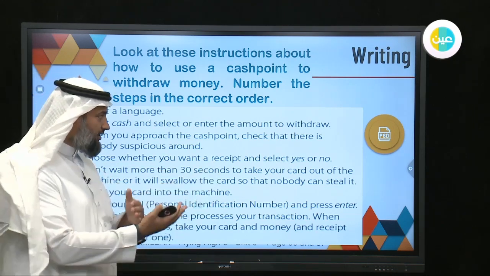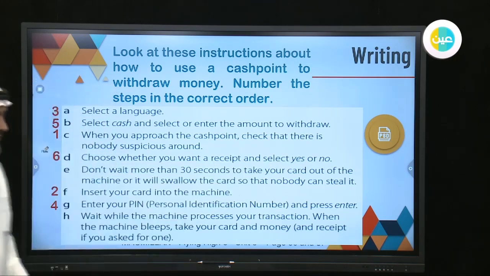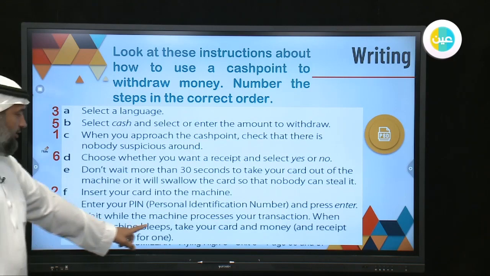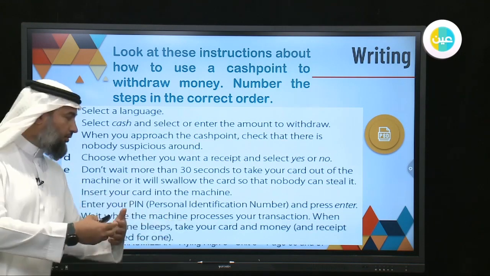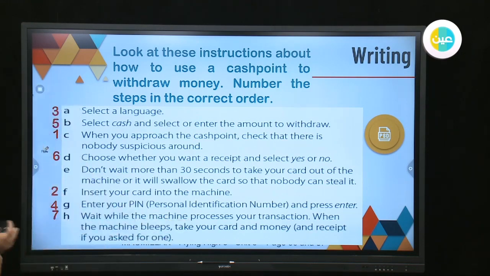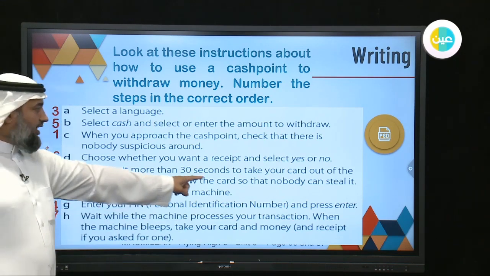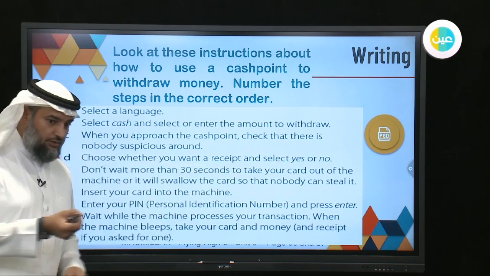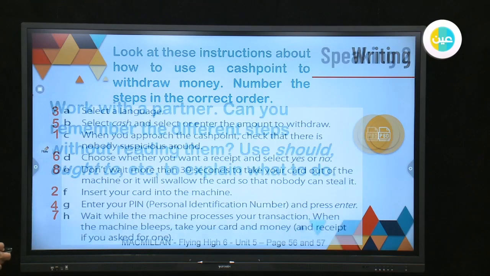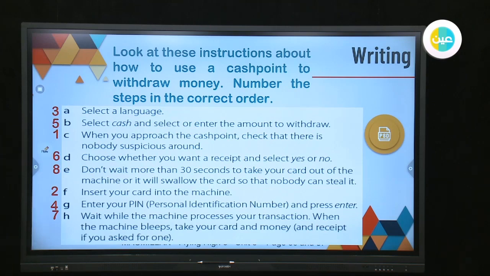A receipt, and select yes or no. 7, wait a while for the machine to process and then give you the money. 8, don't wait more than 30 seconds to take your card. Okay, take your card after that. That's it. These are the numbers.